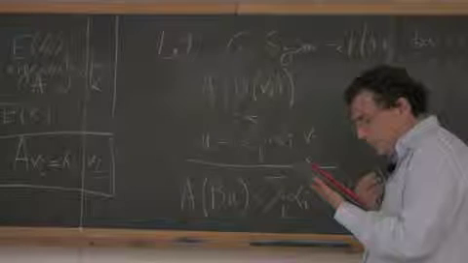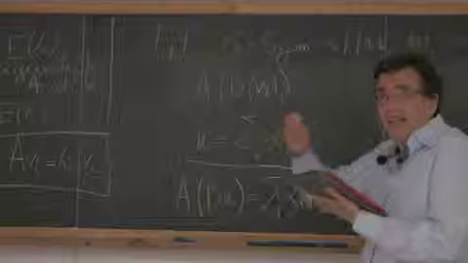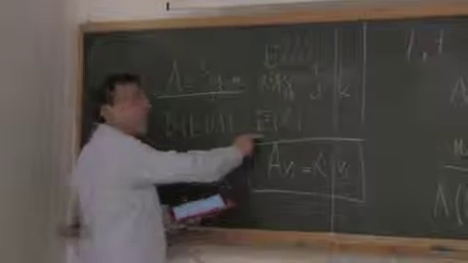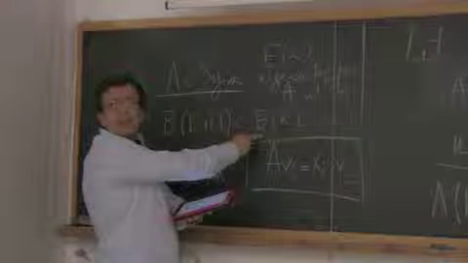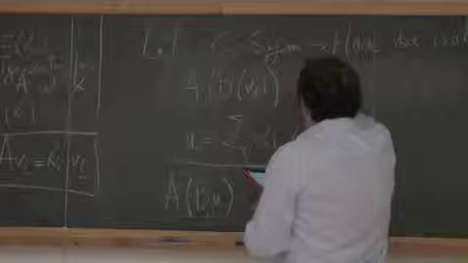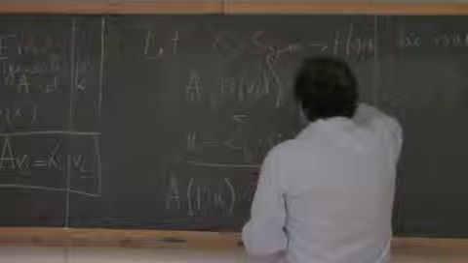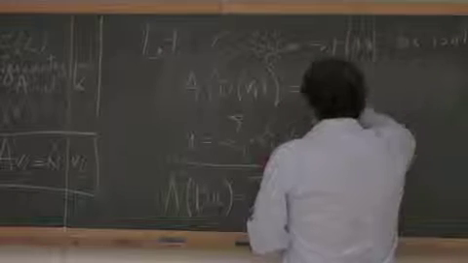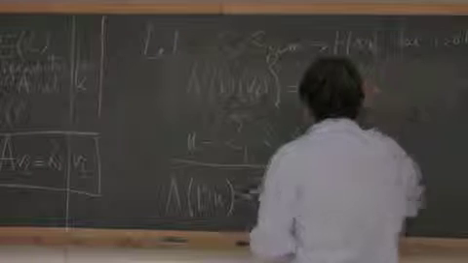We know that B V_i is an element of the same eigenspace. So, by hypothesis, A B V_i is equal to lambda_i B V_i.